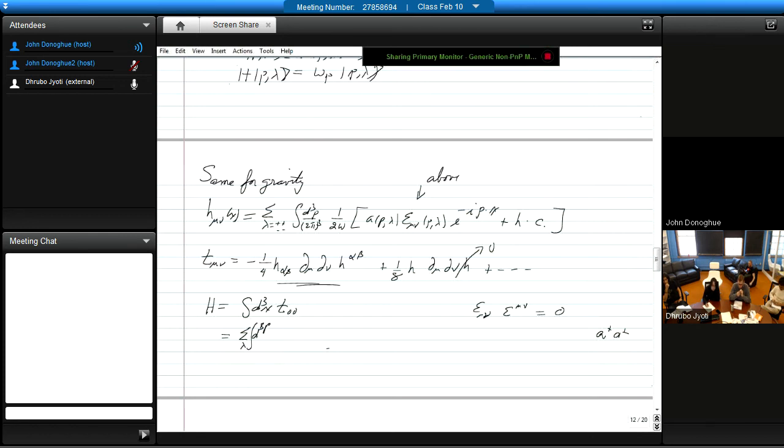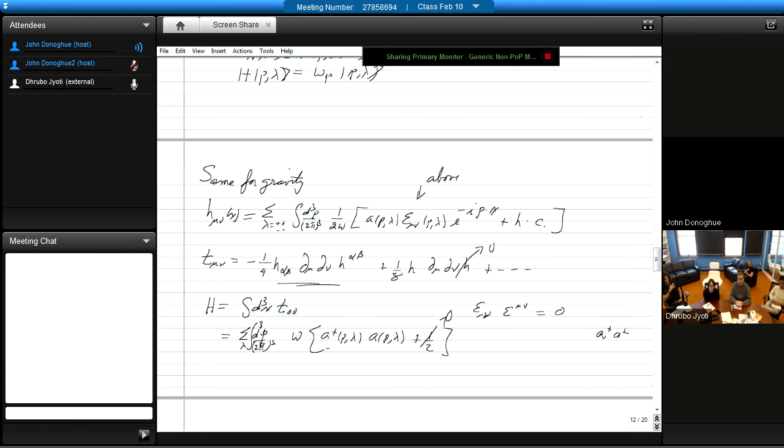Integral d3p, the 2 pi cubed is there. I get one power of omega there, and then I get the A dagger p lambda, A p lambda, plus a half again, and I'll drop that again, where it goes through exactly like before.